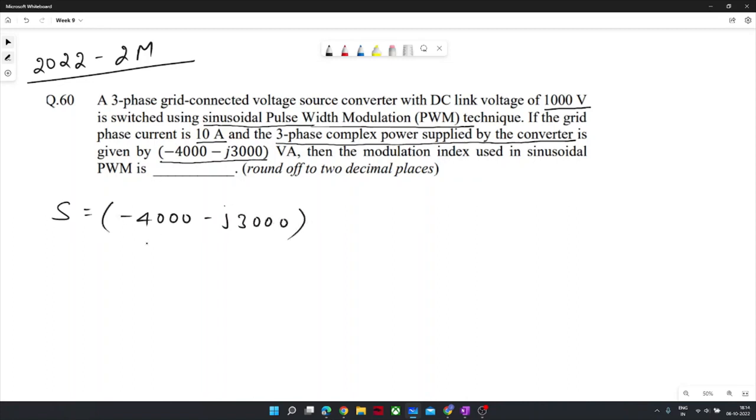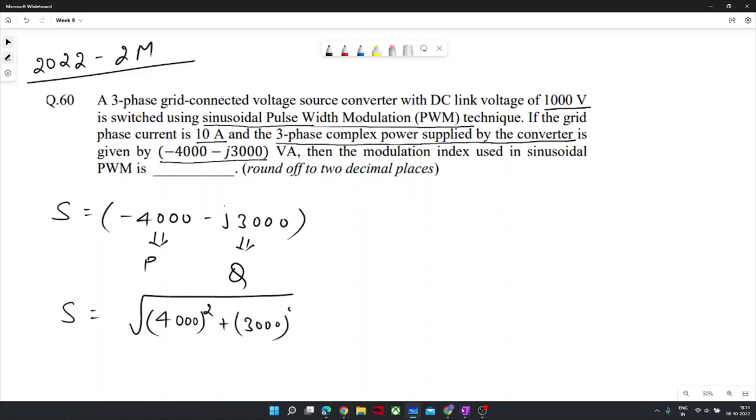This is active power and this is reactive power. So we can write S in kVA or VA only. S would be equal to the square root of 4000 square plus 3000 square, so that would be 5000 or 5 kVA.